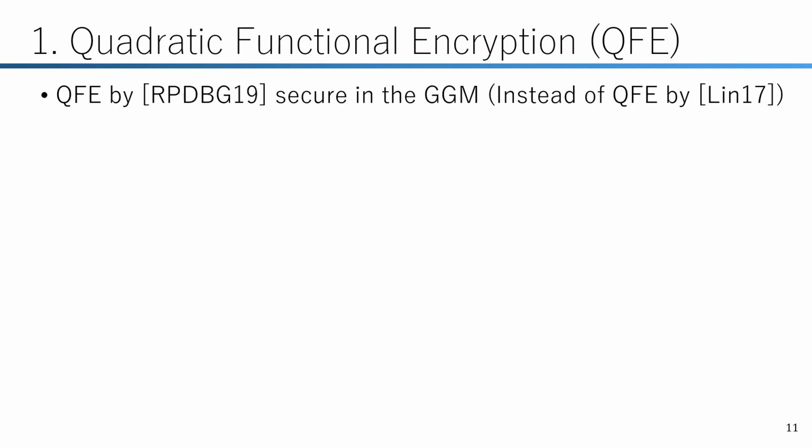But in this talk, we will start from a quadratic FE proposed by Lifeng et al. in 2019, because this is the simplest quadratic FE scheme, and it's easy to describe. And also, it is sufficient for explaining the ideas of our construction.